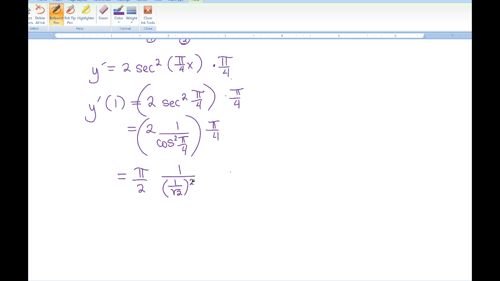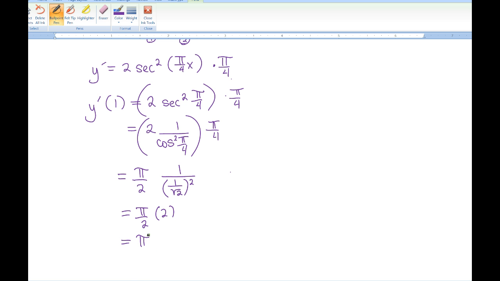One over root 2 and root 2 over 2 are the same thing. I wrote it this way because when we square it and then take the reciprocal, this becomes 1 over 2, and then the reciprocal of that becomes 2. So pi over 2 times 2 is pi.